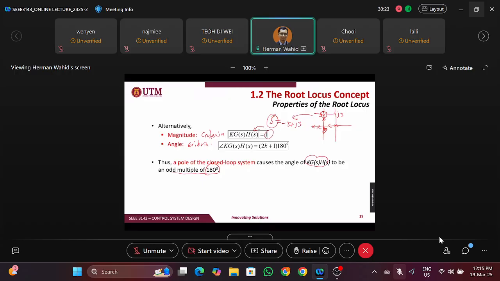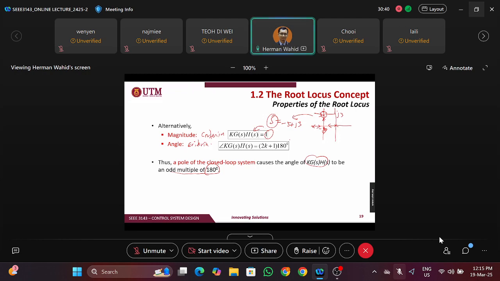Or if we evaluate the angle criteria, finally we will get this 180 degrees. Later we will have a few examples to make it clear.